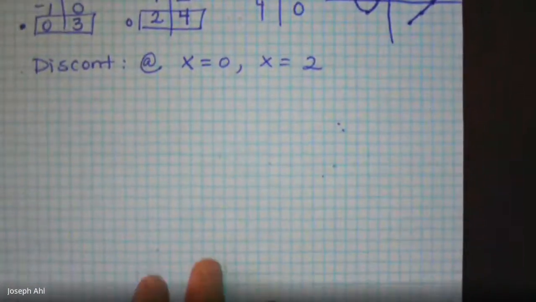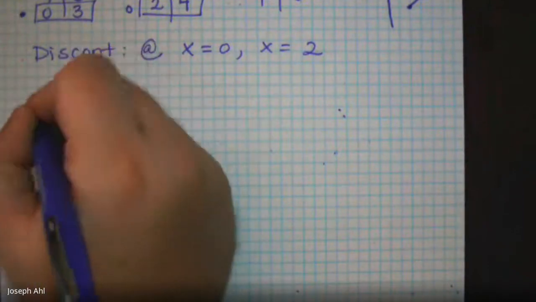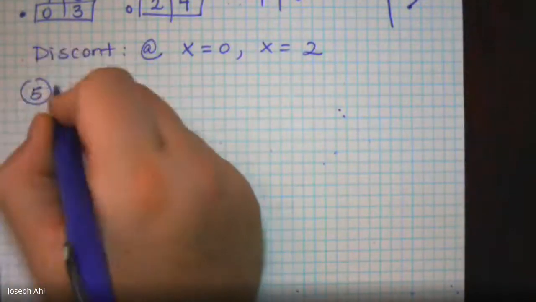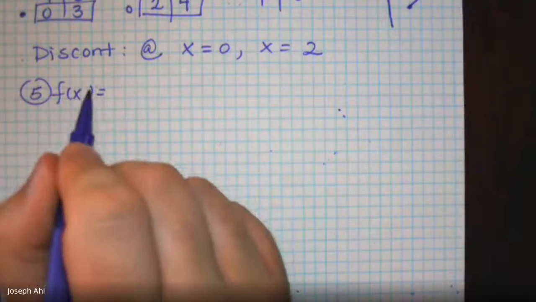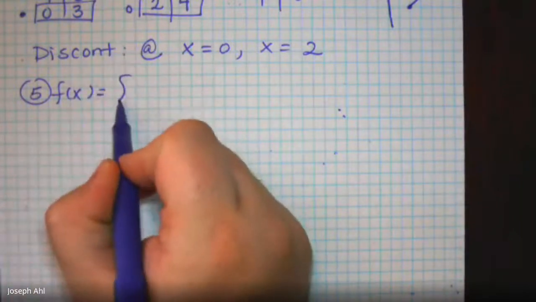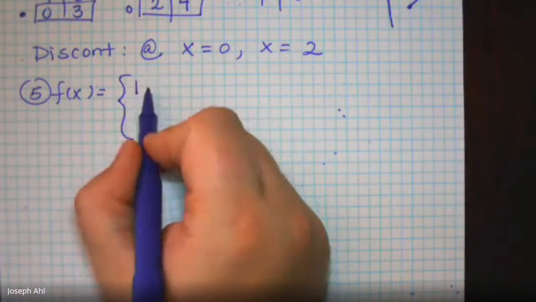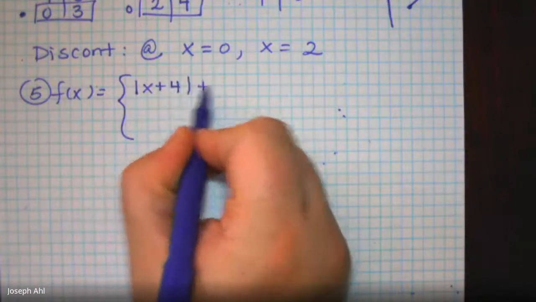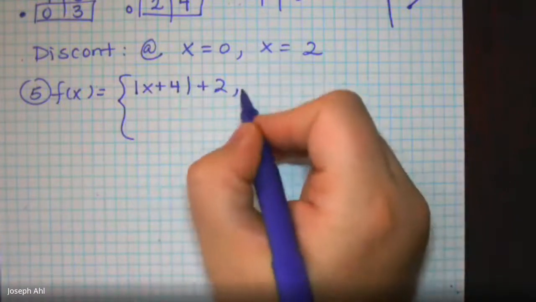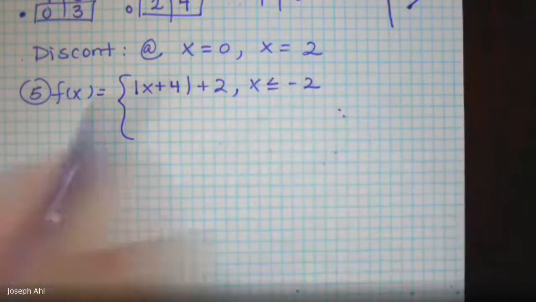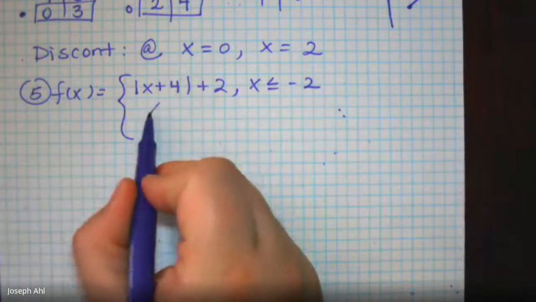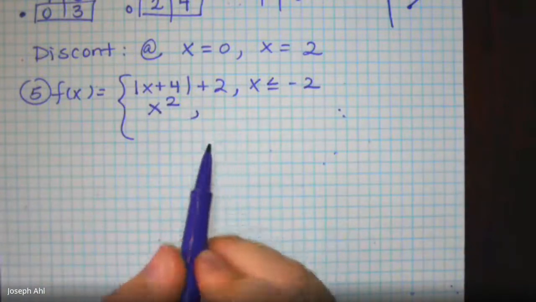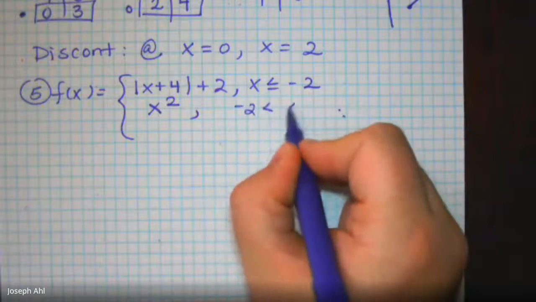Okay. So I think this is now a good time that if you didn't try that one on your own, try this one on your own. And we'll go over it tomorrow in class. So we're going to do absolute value of x plus 4 plus 2 when x is less than or equal to -2. Then we're just going to do x squared in the middle from -2 to +2.